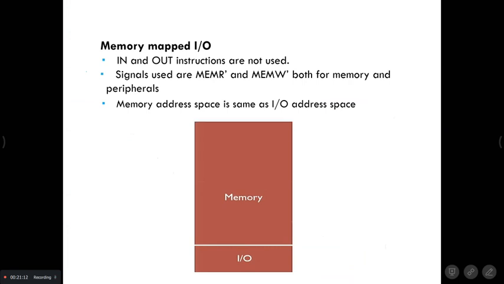This is what I have told you. It will directly see the total memory. In that memory, some of the memory spaces are reserved for IO operation. What is the meaning of reserving this memory for IO operation? That means whatever memory location you have here, it holds the data from IO devices.